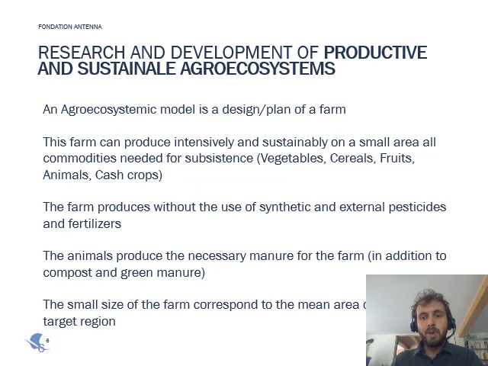It will produce without the use of synthetic and external pesticides and fertilizers. We use the animals mostly to create the necessary manure for the farm. And as I said, these are small farms on small areas. We try to create these models for the average area of a small-scale farmer in the region where we are active.